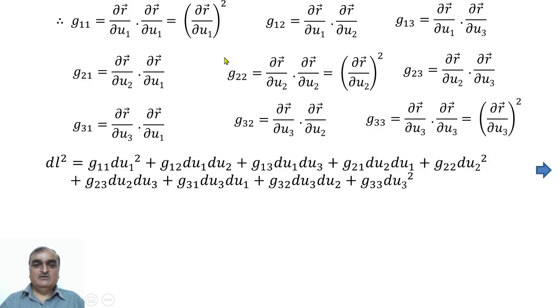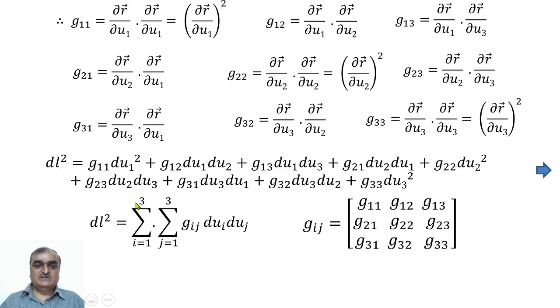Substituting these 9 metric coefficient terms, the length element may be written like this: dl square is equal to g11 du1 square, plus g12 du1 du2, plus g13 du1 du3, and so on. In this way, substituting these 9 terms, the arc length is written by this expression.